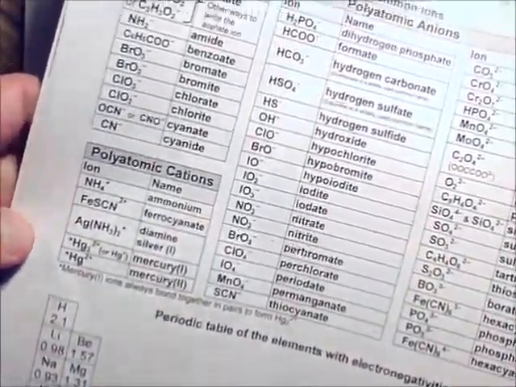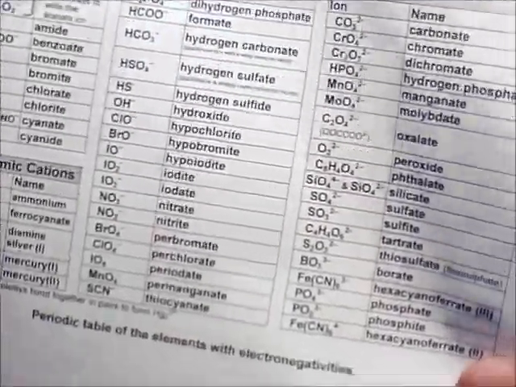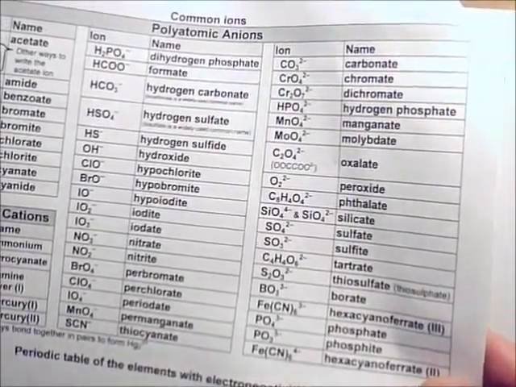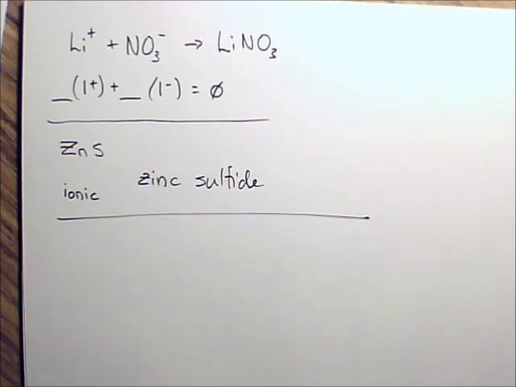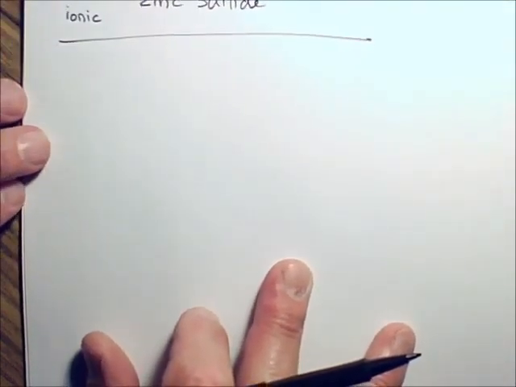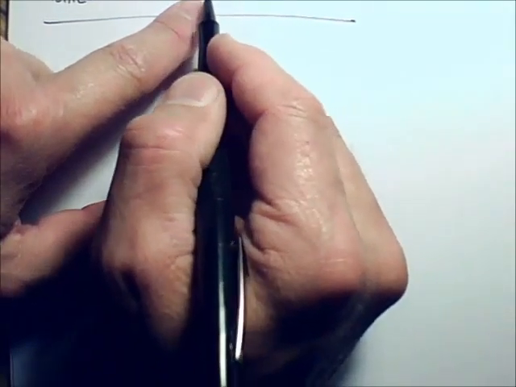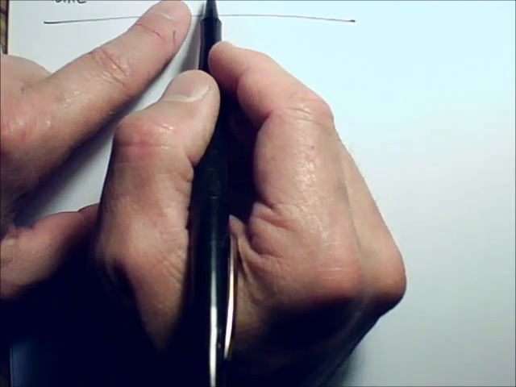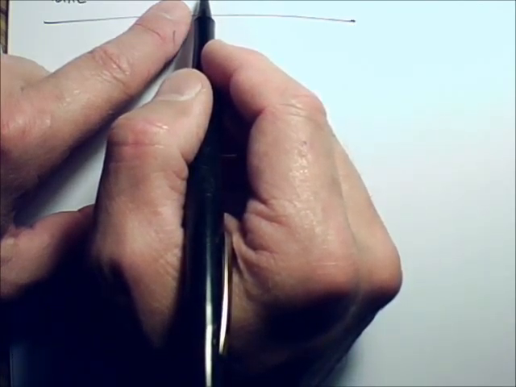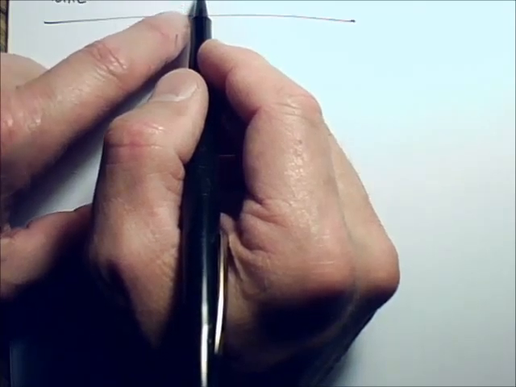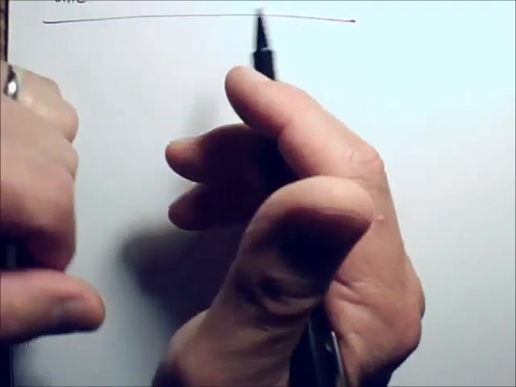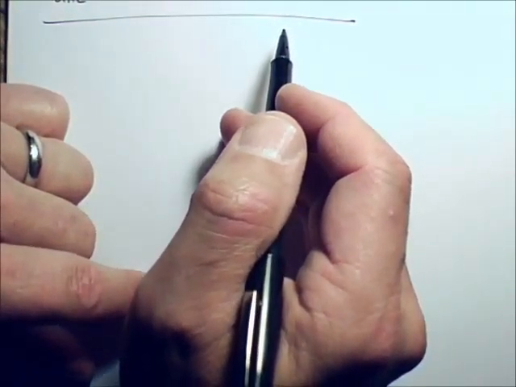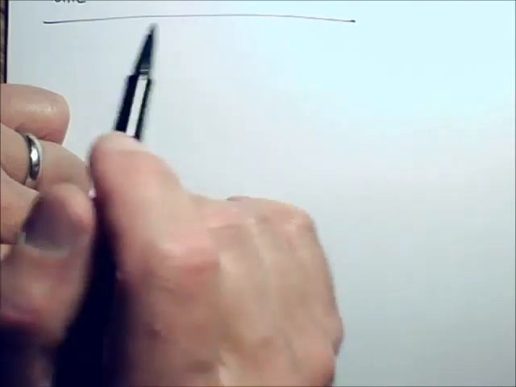If you look on the common ions list, you'll find a lot of things in here that have ATE and ITE endings on them. So if it's not on the common ions list, then it's probably IDE. Well, IDE is reserved, for this class anyway, for monoatomic anions or binary covalent compounds.